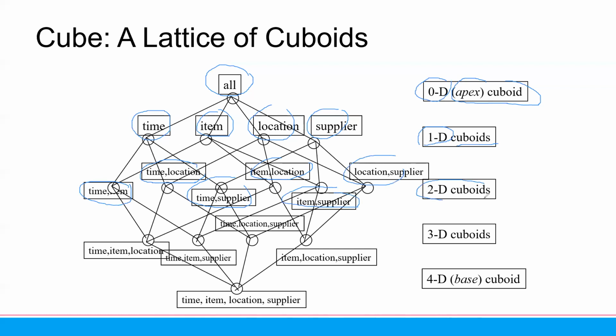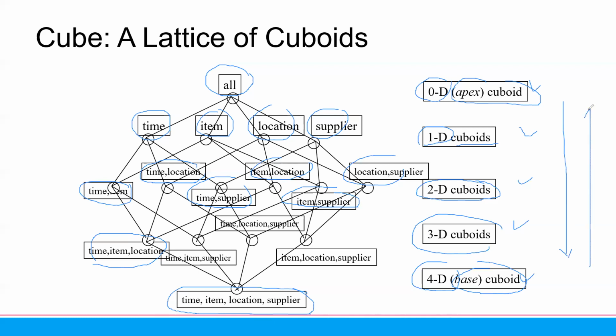So we call this 2D cuboids. If we have 3D cuboids, then it means 3 variables. And at the end, we have 4D, the base cuboid, which has 4 different attributes. So we call this the lattice, to represent whether you want to use 0D, 1D, 2D, 3D or 4D. You can do something like an increment, or you can do something like a decrement.